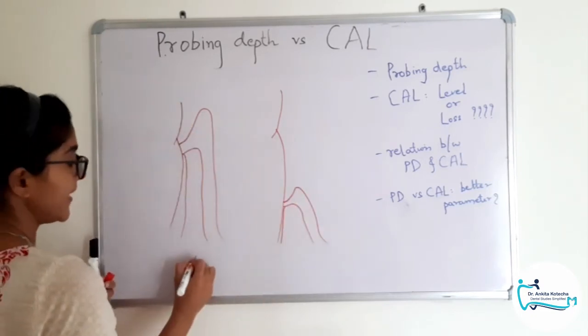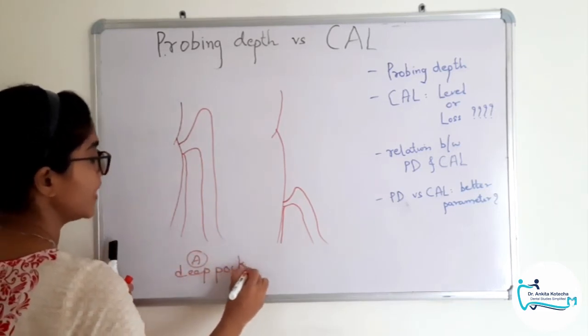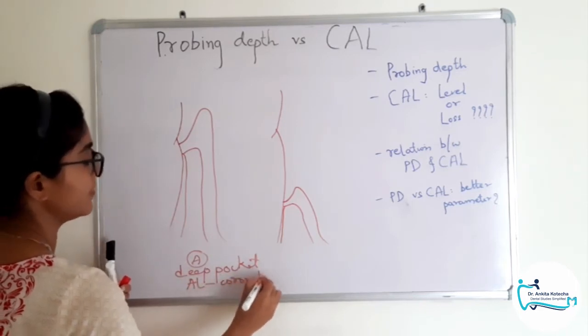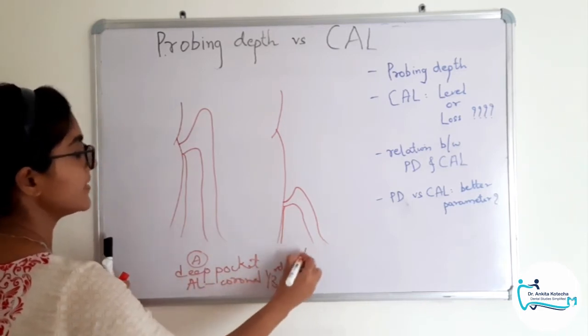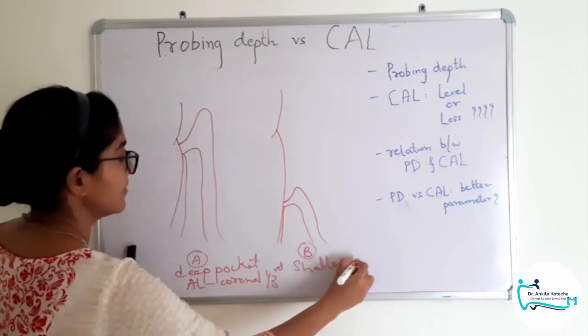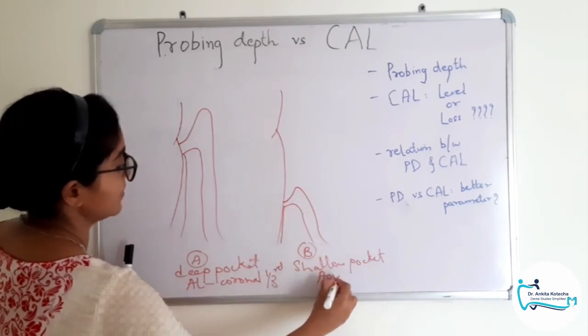This is case A with a deep pocket. Appreciated? And attachment level is in the coronal 1/3. This is case B with a shallow pocket and attachment is in the apical 1/3.